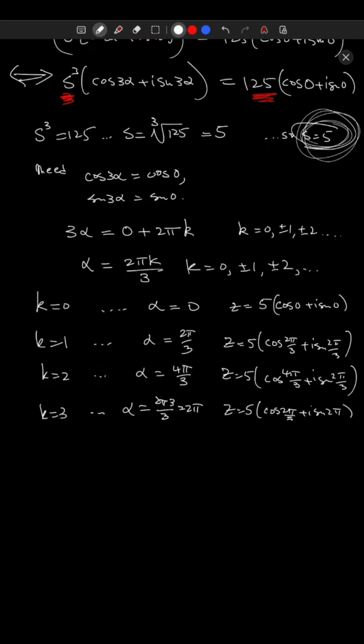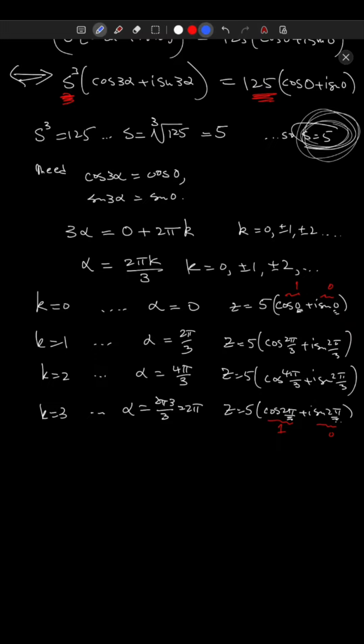So cosine 2 pi is the same as cosine 0, and sine of 2 pi is the same as sine of 0. If I actually compute this, cosine 0 is 1, sine of 0 is 0, cosine of 2 pi is 1, the same thing, sine of 2 pi is 0. So the k equals 0 solution is z equals 5. The k equals 3 solution is also z equals 5. So k equals 3 is actually not a new solution.